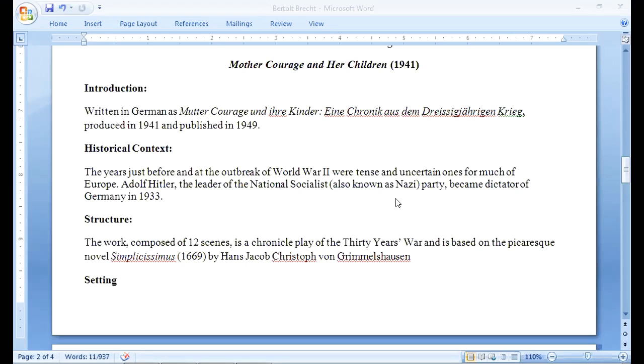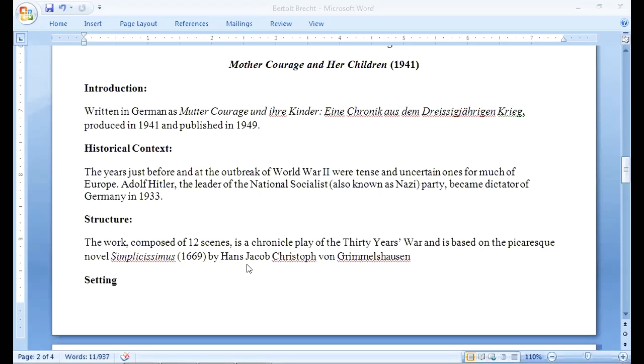In the middle time, he has written several works. Among them, he has an experience which he expressed in his play Mother Courage and Her Children. This is the structure of the play. I already discussed the rules and regulations of the Aristotelian play. Aristotelian plays were divided into acts and scenes.